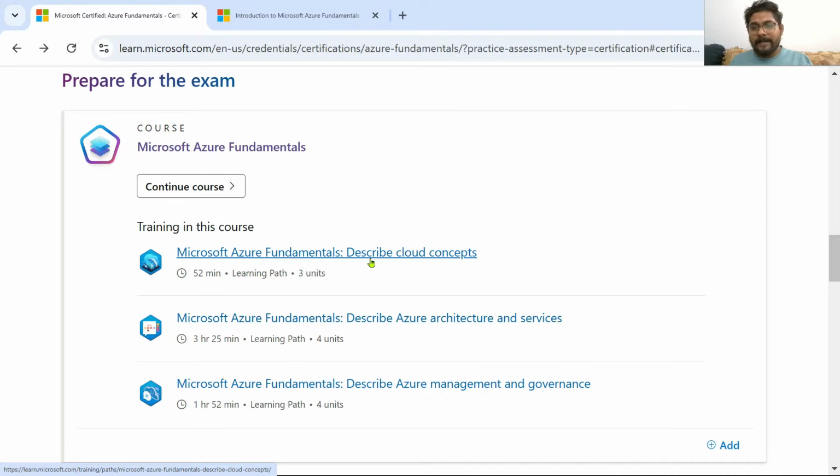The first topic is describe cloud concepts. Next topic is describe Azure architecture and services. And the third topic is Azure management and governance. So these are the three important topics on which you will get your questions in the exam.